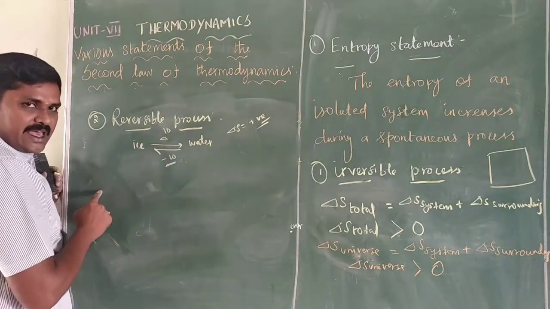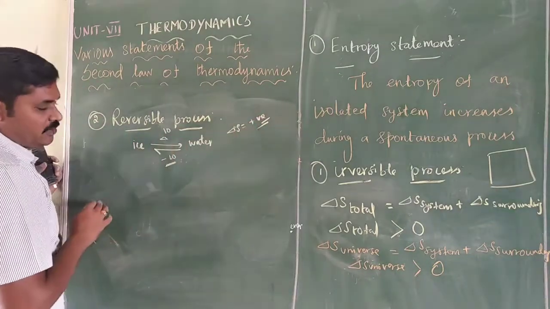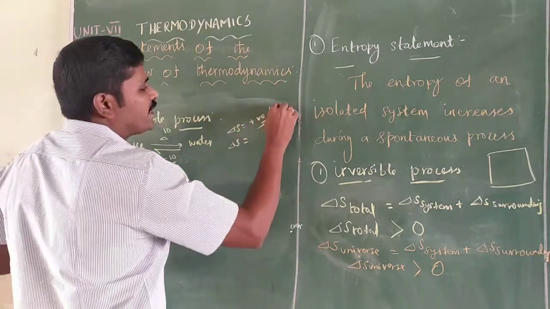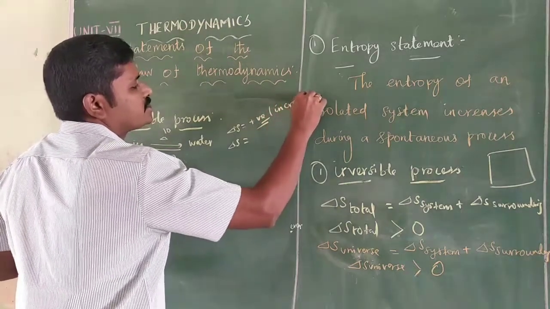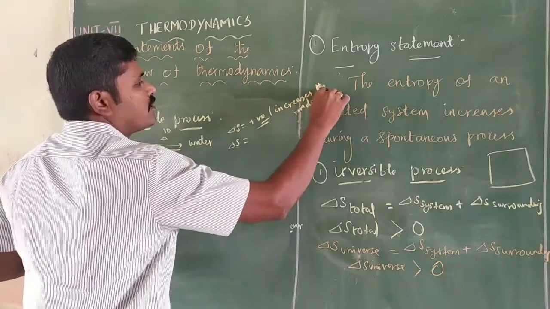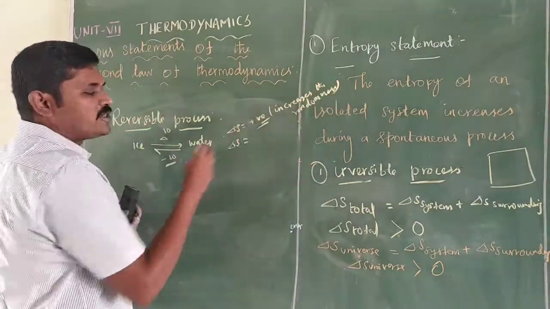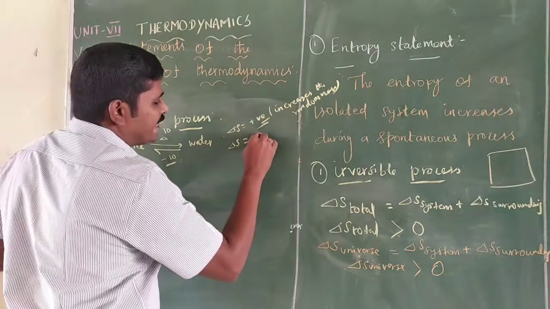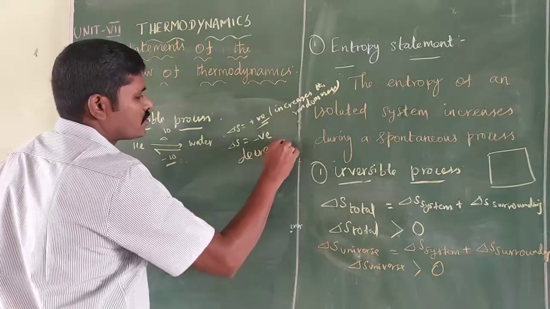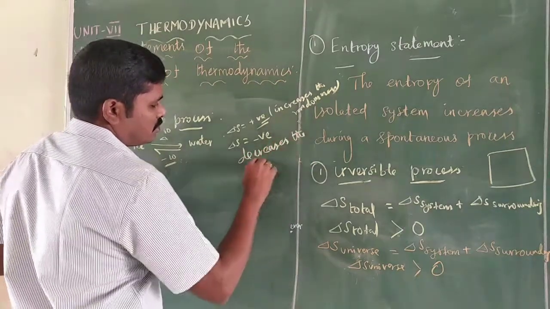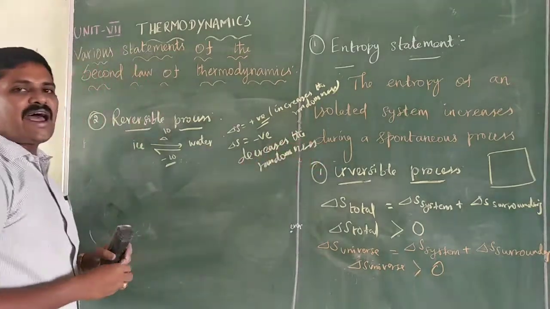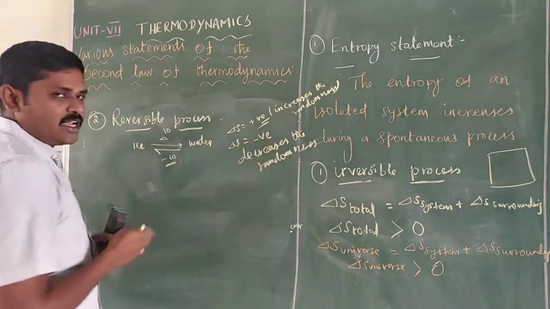If the randomness decreases, the del S value is negative.